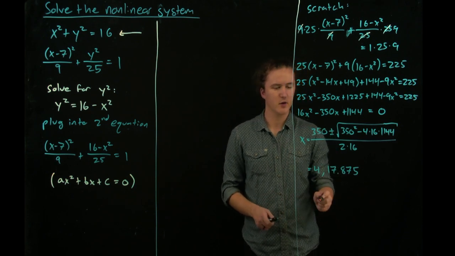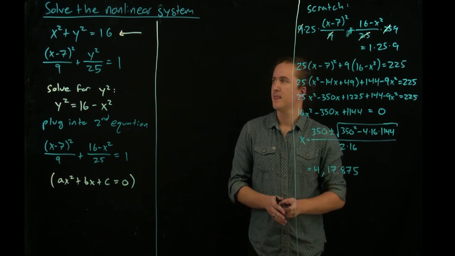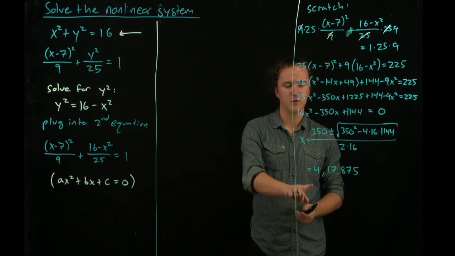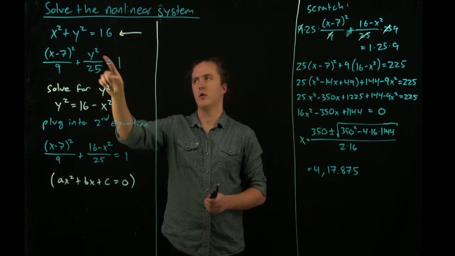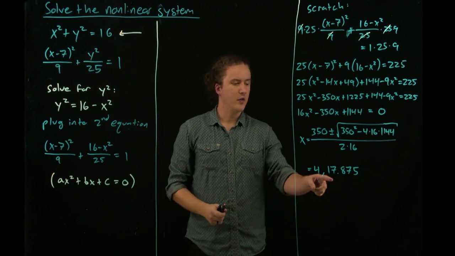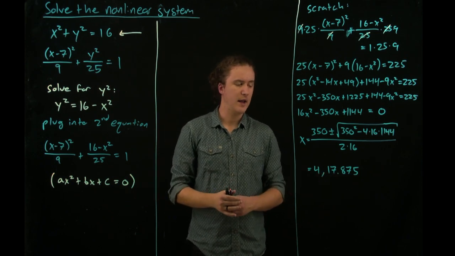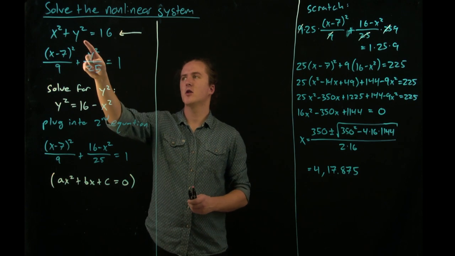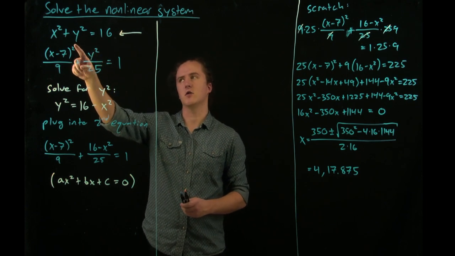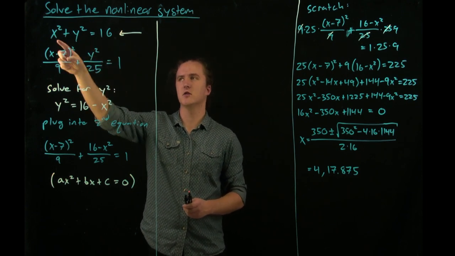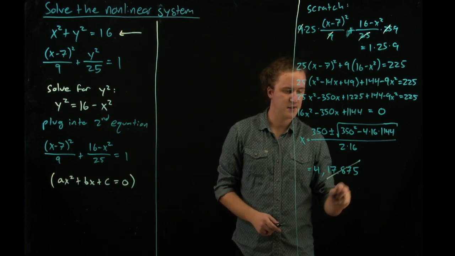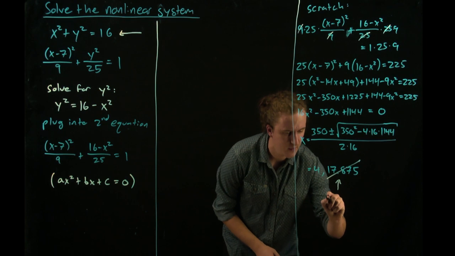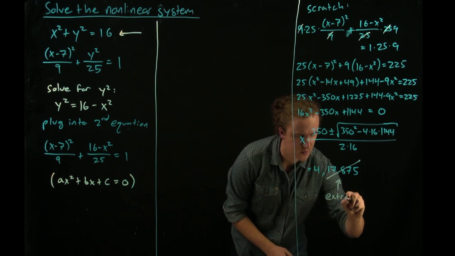But we're actually going to run into a problem. When x is equal to 4, we do in fact live on the circle, and we won't run into any issues. But x equals 17.875 is far too big to be on this circle, because again, this is centered at (0, 0) with radius 4. And so it turns out that this 17.875 is an extraneous solution.